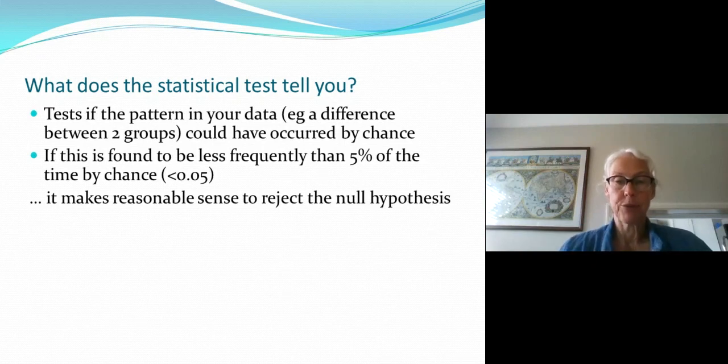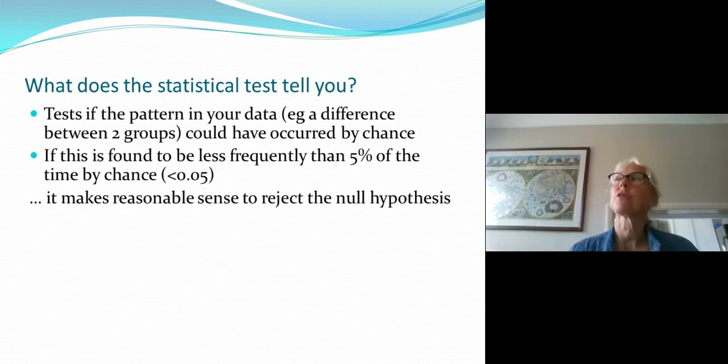Now, basically, it tests the null hypothesis, that there's no difference between men and women and their likelihood of attending an event. And if this is found to be the case less frequently than 5% of the time, i.e. a probability level of less than 0.05, then we would normally reject the null hypothesis.